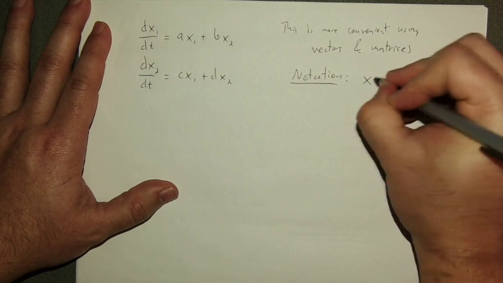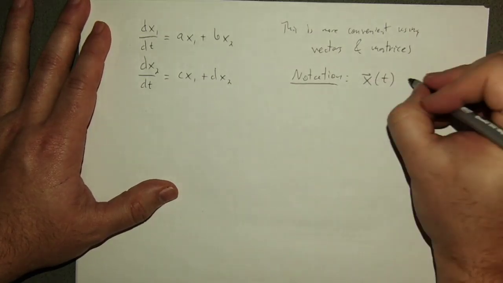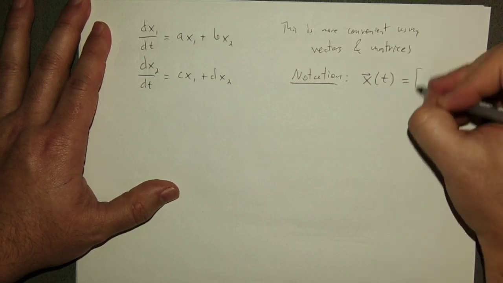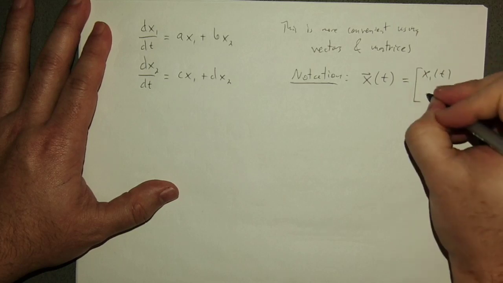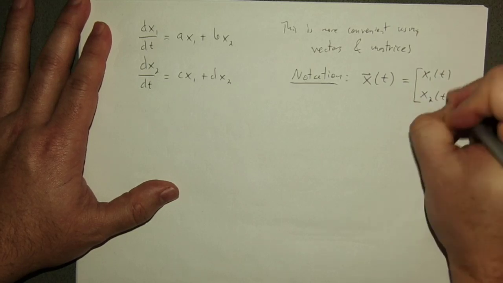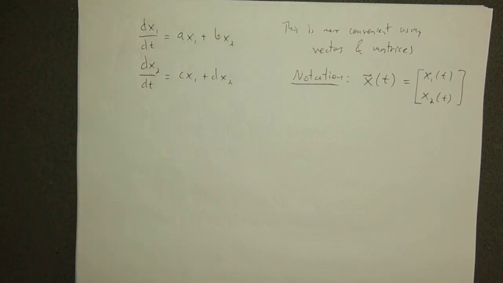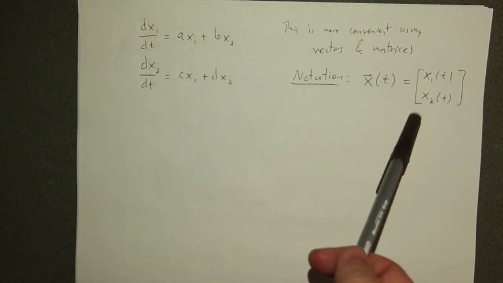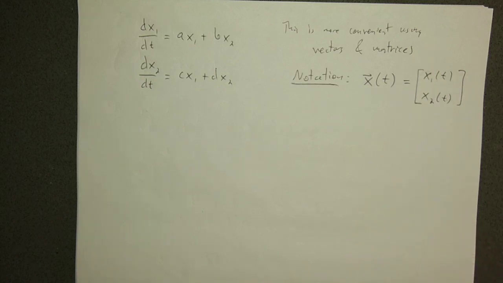I'm going to say I have a vector that depends on t, so it's a vector valued function. This vector is the vector containing my two unknown functions, x sub 1 and x sub 2. So x of t is the vector. It's a column vector containing those two entries, x sub 1 of t and x sub 2 of t.